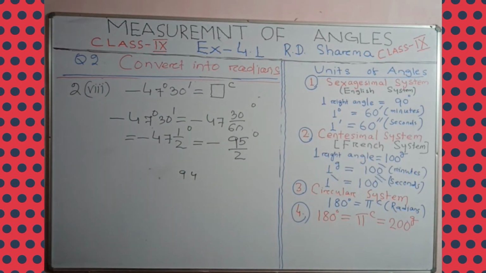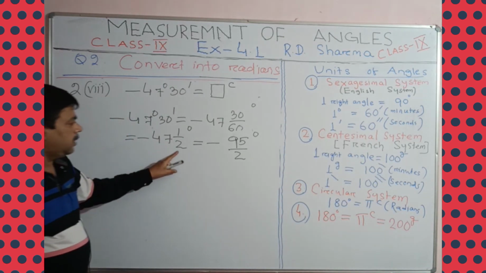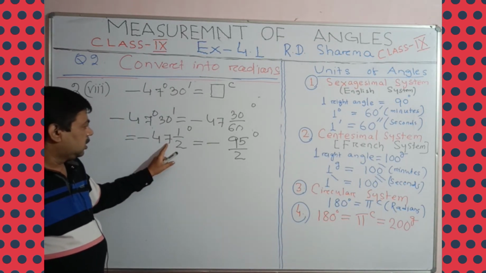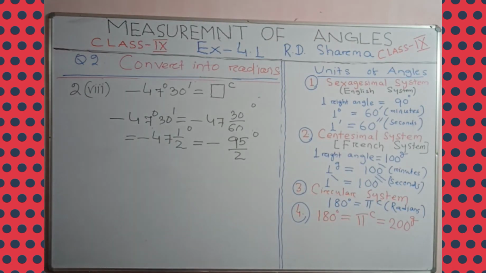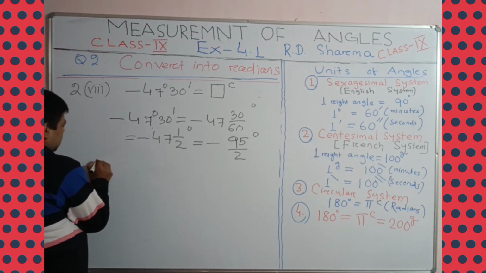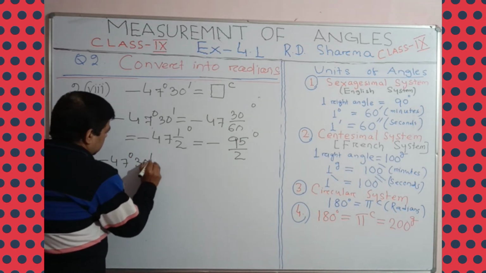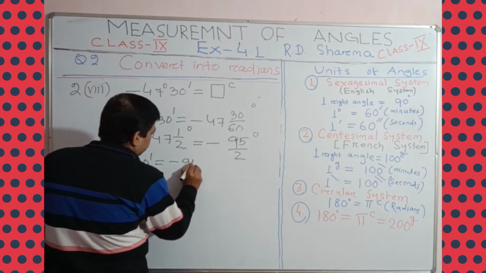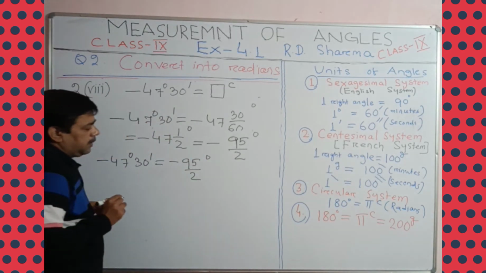Check your multiplication. 47 multiplied by 2 is 94, plus 1 is 95, so 95 by 2 degree. Now minus 47 degree 30 minute is equal to minus 95 by 2 degree.